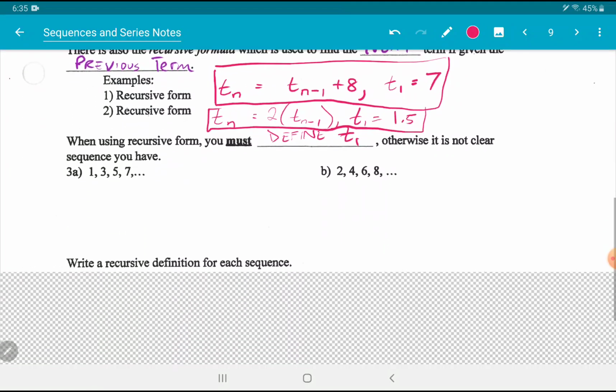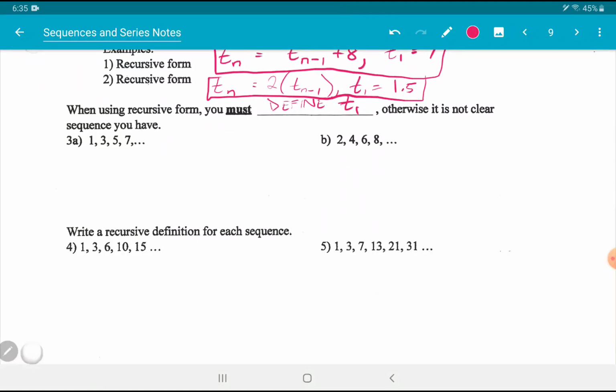Okay, let's see why it is so important that you state what t sub 1 is. Let's look at number 3, a and b. Look at this. Okay, I don't know what these are. 1, 2, 3, 4. I have the values of 1, 3, 5, 7. Again, but I don't know these. I don't know 1, 3, 5, 7. All I know is 1. I need to know this. How do I find it? I take my previous term and what do I do?